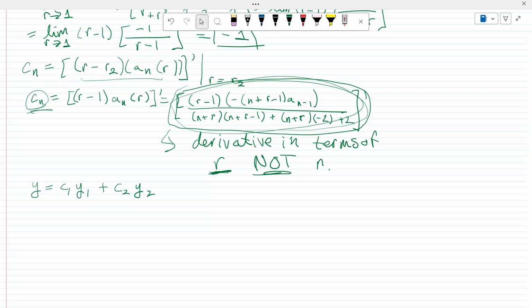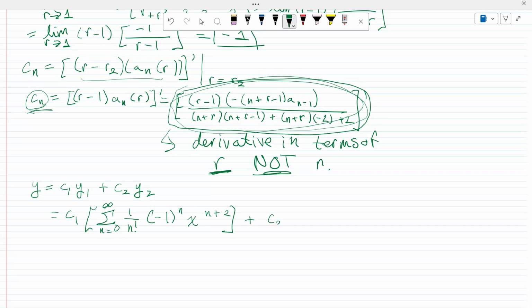And we know that y1 is just going to be this series right here: 1 over n factorial, and we simplified that further to just be negative 1 to the n times x to the n plus 2.